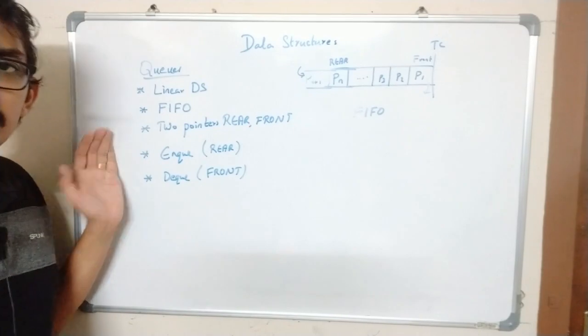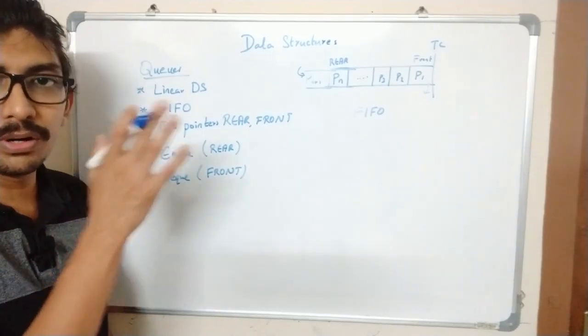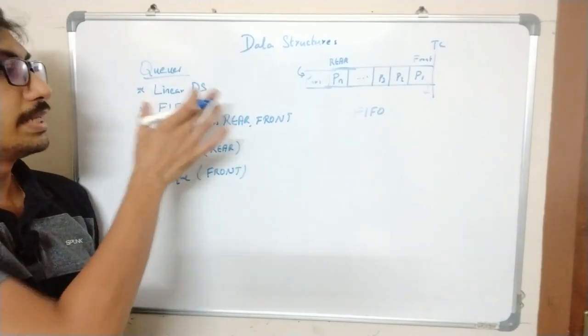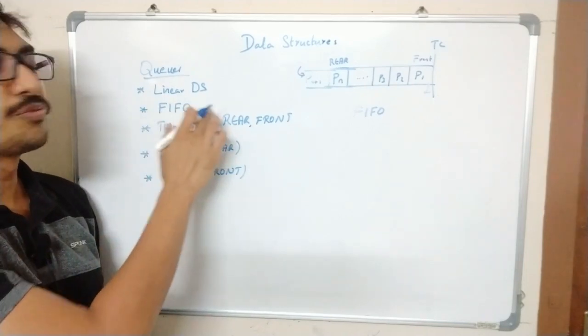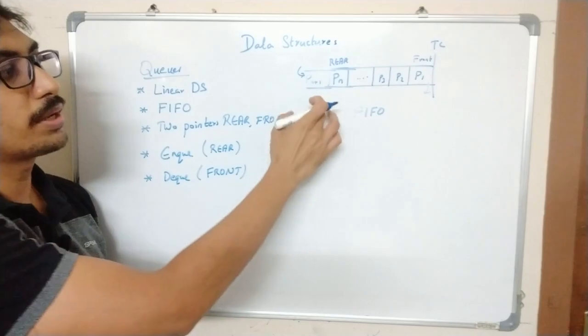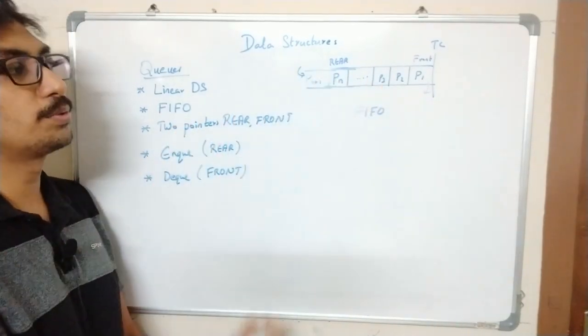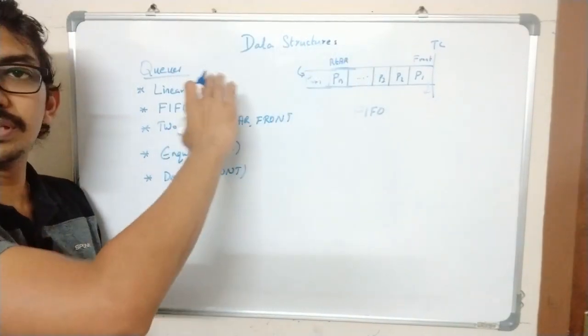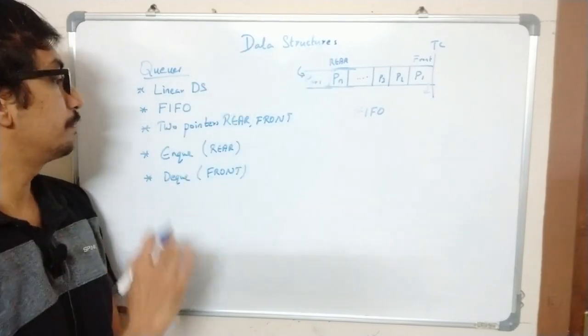A queue is an ordered list, just like a stack. It is a linear data structure which follows a FIFO pattern, first in, first out. There are two pointers for a queue, or two ends: one is the front end and another one is the rear end, which means the back end.